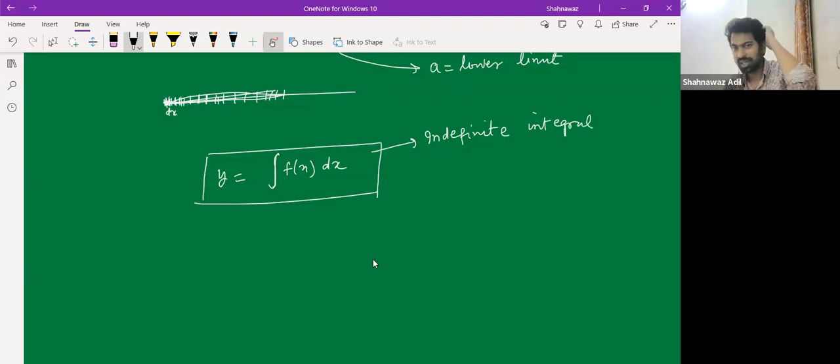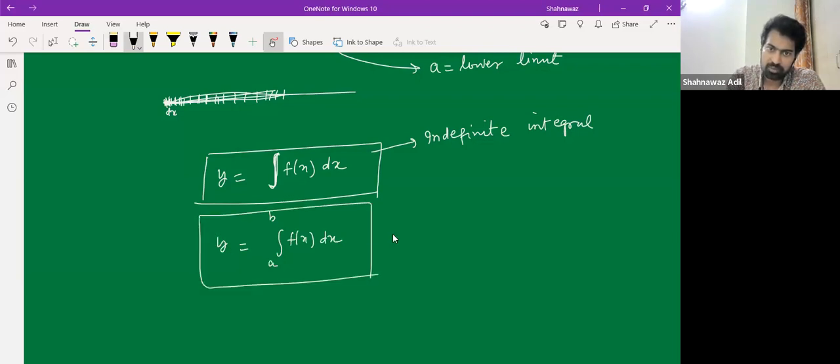And when we put limits on the integral, so let's say we calculate within these limits, then this is called a definite integral. Is that clear, guys? What is the difference between both of them?